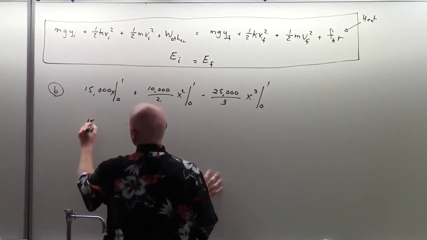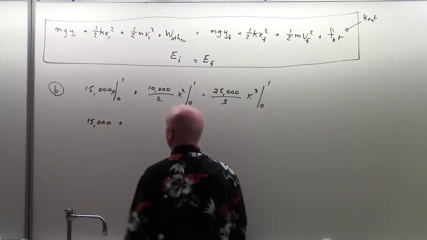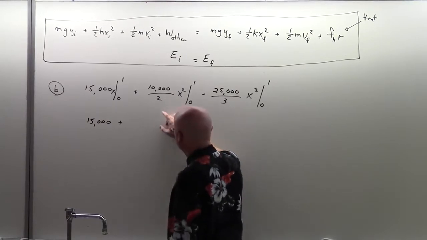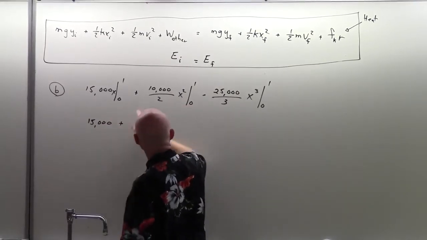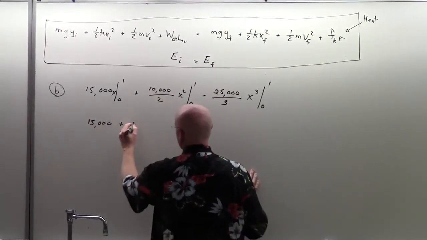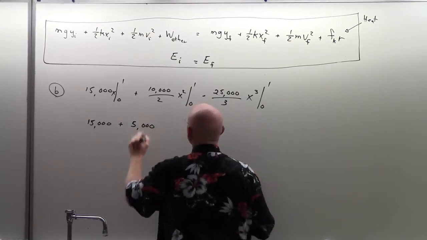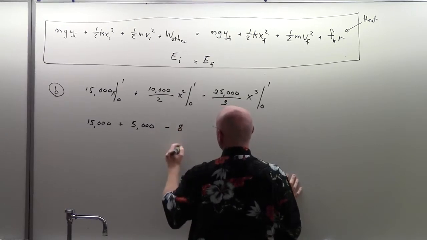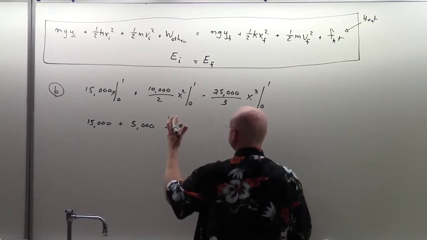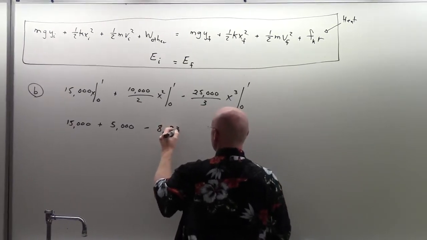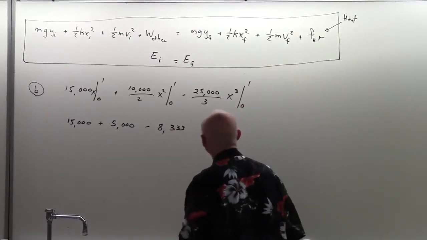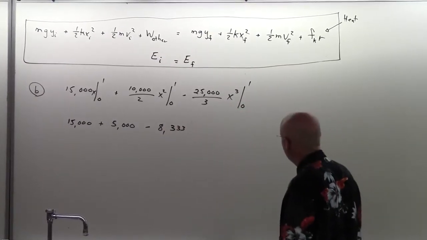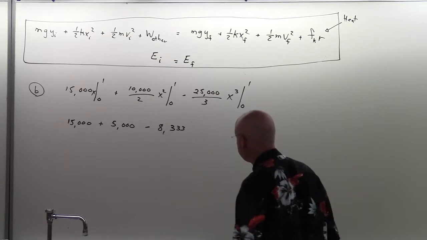And so this would just be the 5,000. I'm sorry, getting ahead of myself. 15,000. This is the 5,000, because it would be a 1 squared, and then this would be minus the 8,333. 8 1/3, yeah.